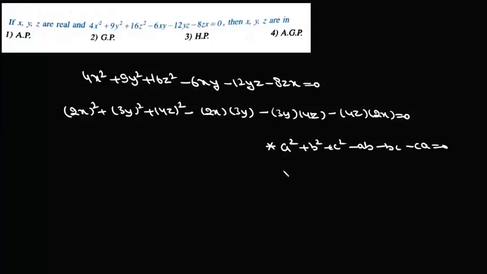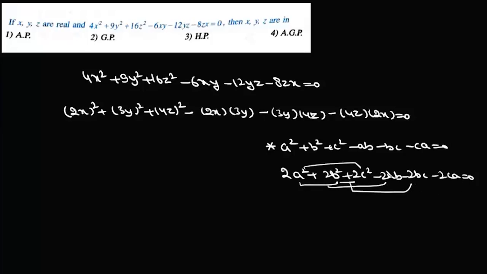this standard expression a square plus b square plus c square minus ab minus bc minus ca equals 0. Now if we multiply it with 2, we can write 2a square plus 2b square plus 2c square minus 2ab minus 2bc minus 2ca equals 0. Now if we take ab together, bc together and ac together, we can write this as a minus b whole square plus b minus c whole square plus c minus a whole square equals 0.